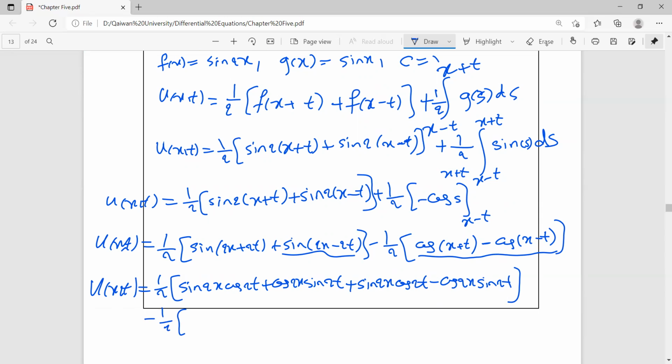For the cosine function, it's different from sine. No, sorry, cosine of x plus t is cosine x times cosine t minus sine x times sine t.